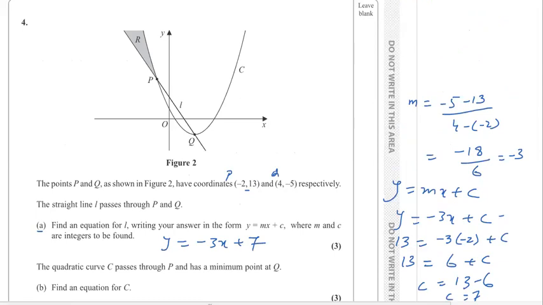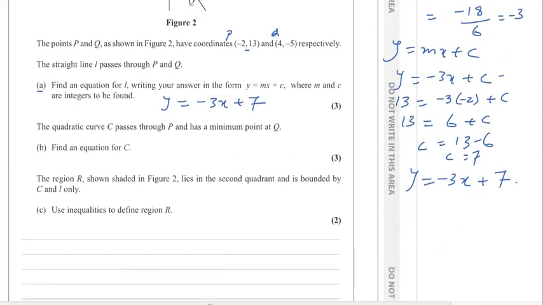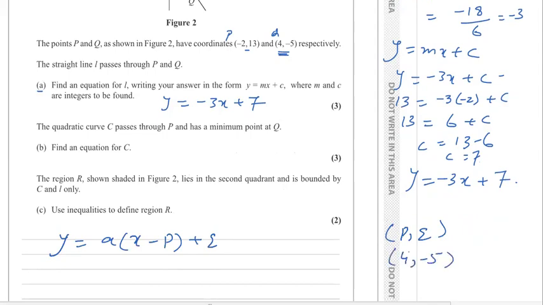If a quadratic has a minimum point (p, q), we can write it as y = a(x - p)^2 + q. Here the minimum point is (4, -5), so p is equal to 4 and q is equal to -5.